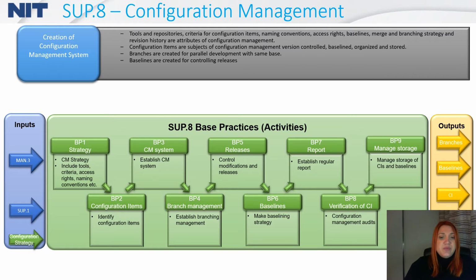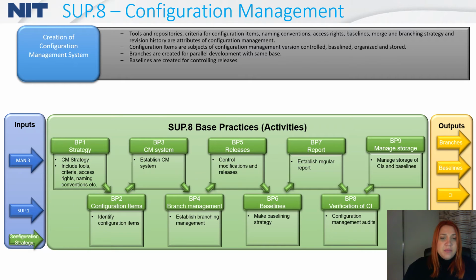Then a very important best practice, which is defining branch management, how we are releasing in the base practice 5, how we are controlling baselines in the base practice 6, in the base practice 7, how we are establishing regular reporting, and how we are verifying the configuration items in the base practice 8. In the base practice 9, we are defining how storage is managed. The outputs of the configuration management are branches, baselines, configuration items, and artifact list, and of course, configuration strategy.